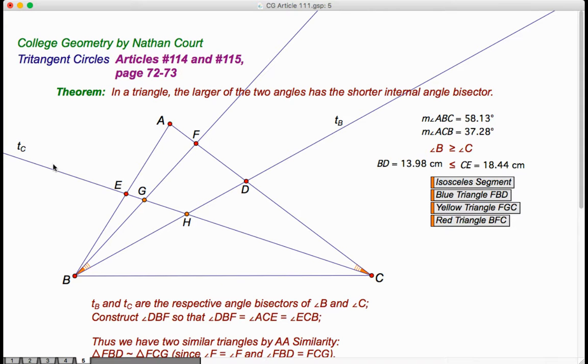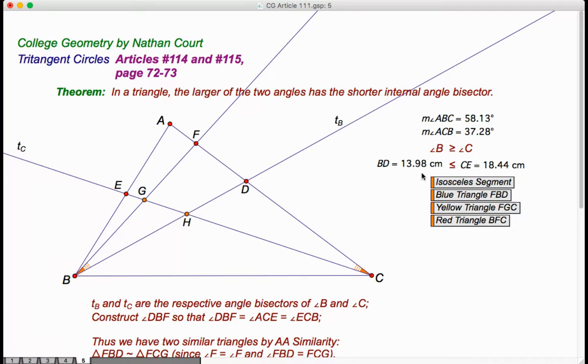What does that mean? T sub C is the bisector of this particular angle. The associated angle segment bisector is this segment EC, while T sub B is the ray that bisects angle B, and segment BD is the associated angle segment bisector.